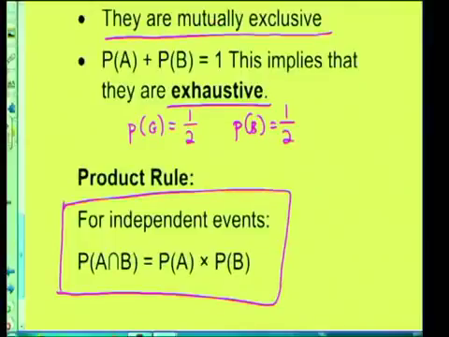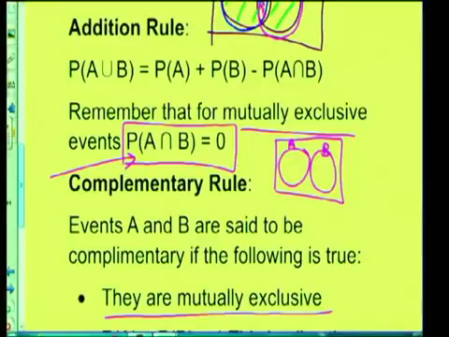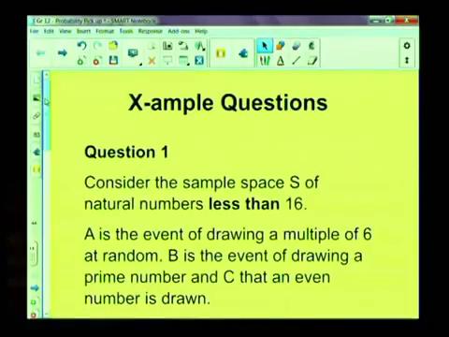Are the events independent? And you would have to justify. So if you were showing that it was independent, you'd use this rule. And if you're showing they are mutually exclusive, the easiest one to use is this one over here. Okay, let's move on to the next, the actual questions, and see how we do.